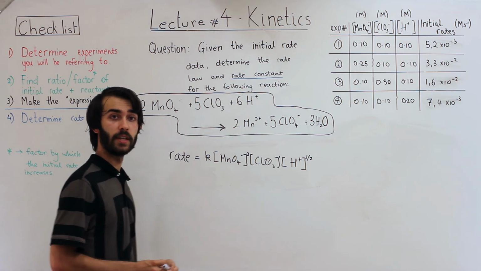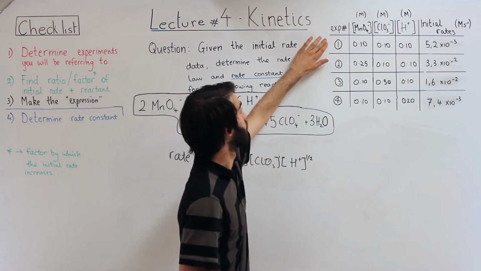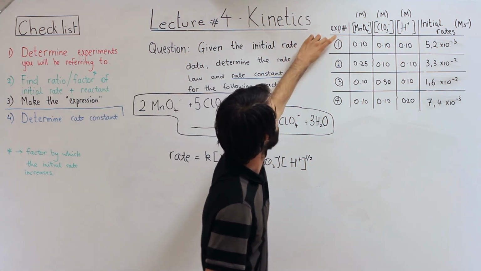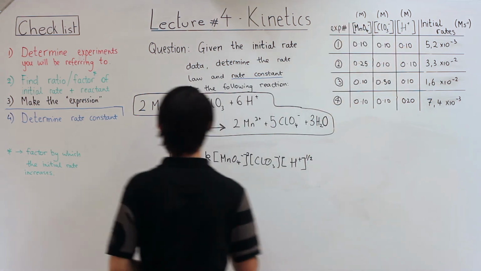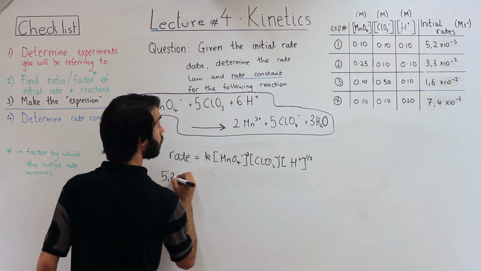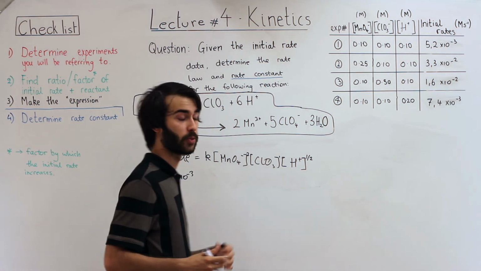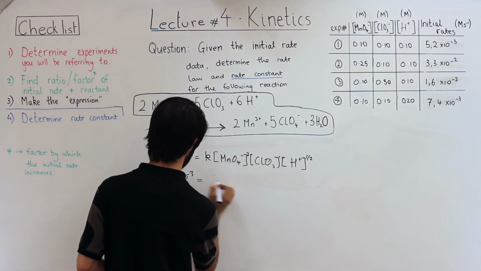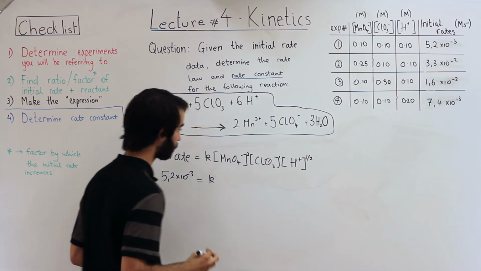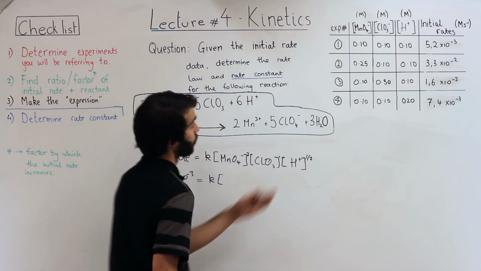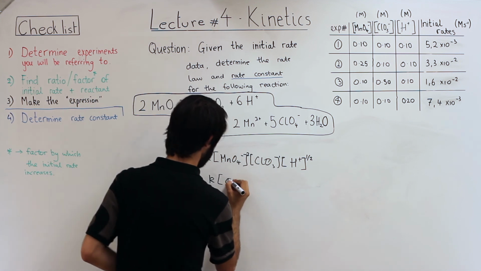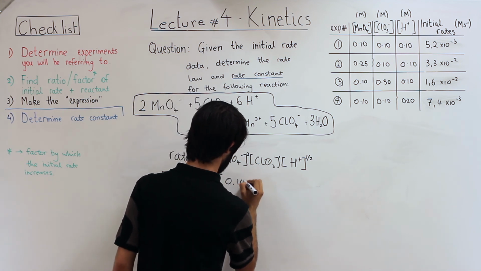So, the first step is to take an equation from the experiment. Experiment 1 I'll use. We have 5.2 times 10 to the minus 3 moles per second as our rate. Put in our K, and the concentrations we'll be using are 0.1 for everything, so I can just write that down now.